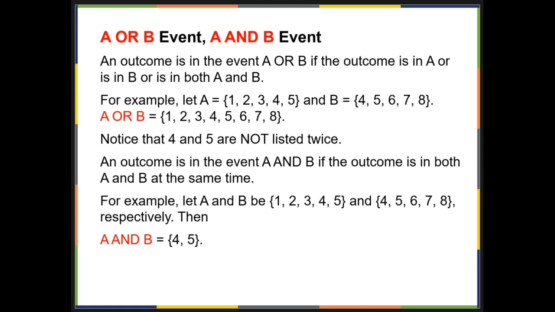We don't repeat 4 and 5. We don't list them twice. If you want to know that an outcome of an event is A and B, that's where they intersect or where they cross over, then for this scenario, it's 4 and 5. So A or B is everything. A and B is just where they intersect.